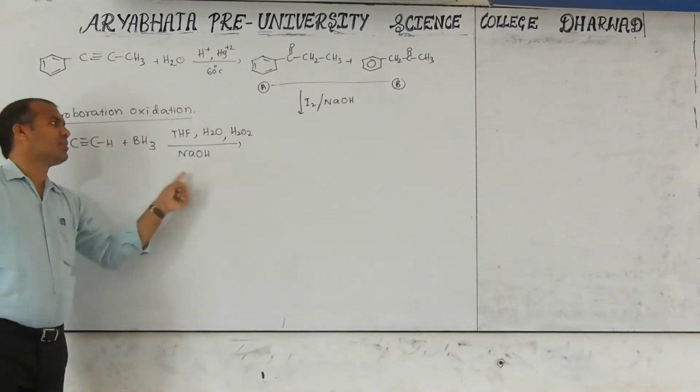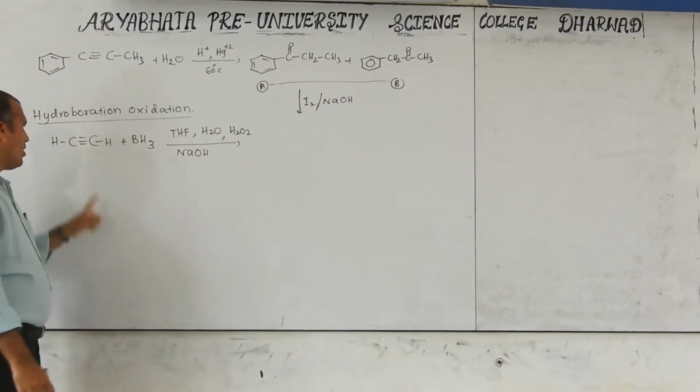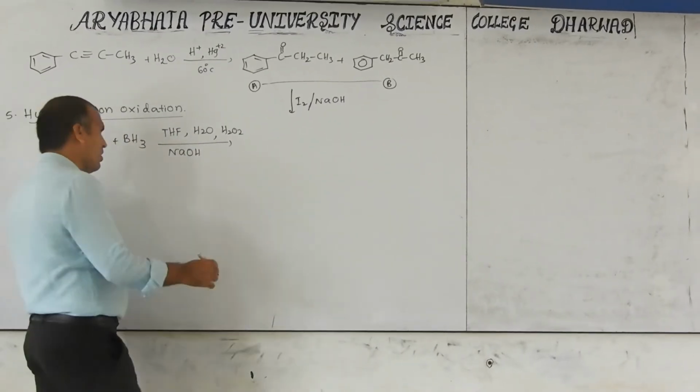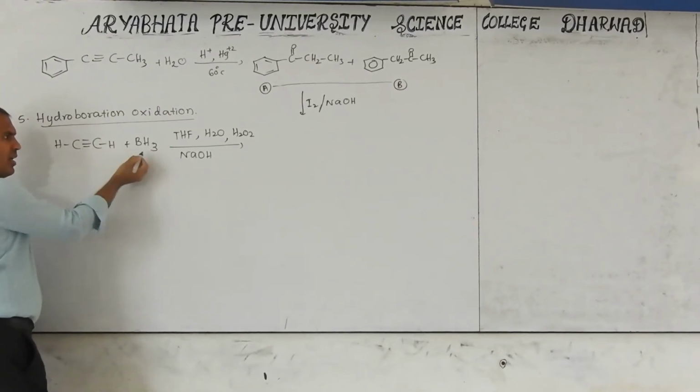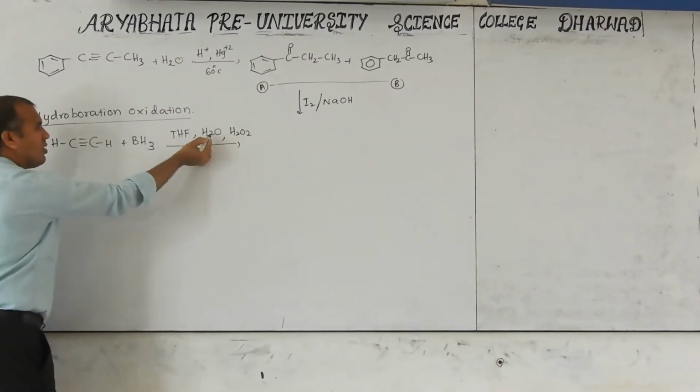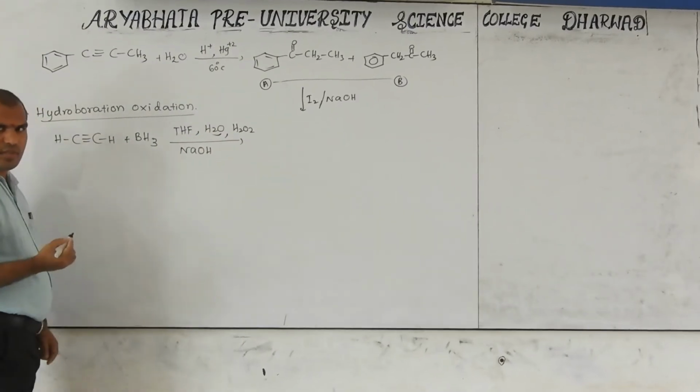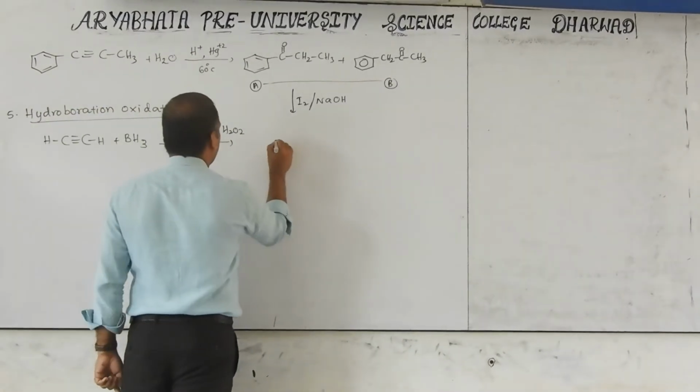We already know this content from the alcohol chapter. Now see, in BH3, the BH2 part attacks one side and the OH part from the water molecule attacks the other side. The simplest form I will show here.